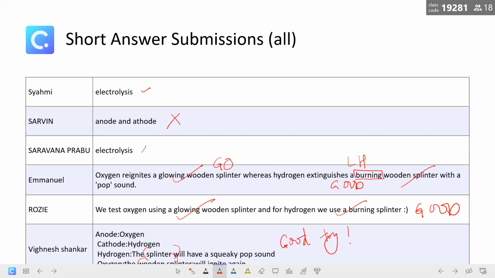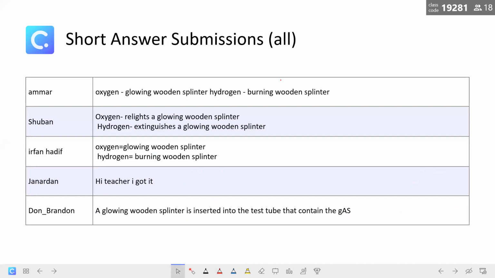Okay, all right, and then we go on to the next one. Amma says for oxygen glowing, for hydrogen burning. Good job. Shubhan says hydrogen extinguishes a glowing wooden splinter. Class, can you tell me if his answer is correct or wrong?